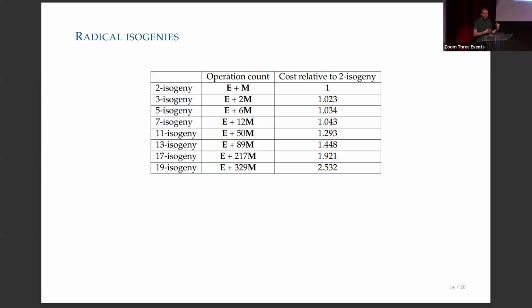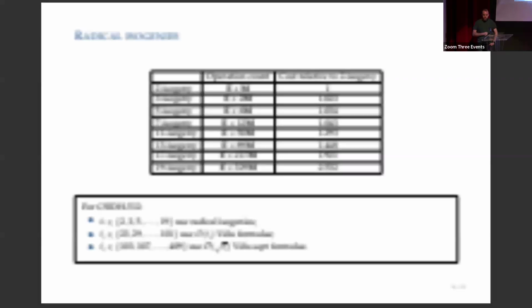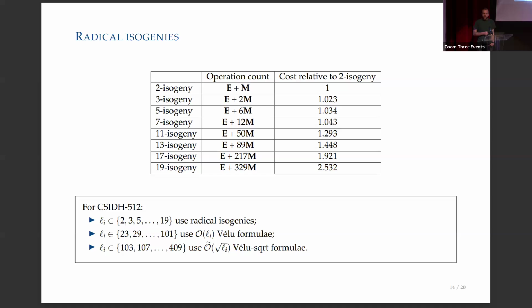And starting from prime ℓ being 23, there was no use anymore to try to implement this in CSIDH because it wouldn't speed it up anymore. But there, the isogenies in CSIDH-512 were then split up in 3 cases. We have radical isogenies for the smallest primes, regular Vélu for the mid primes, and square root Vélu for the largest primes.